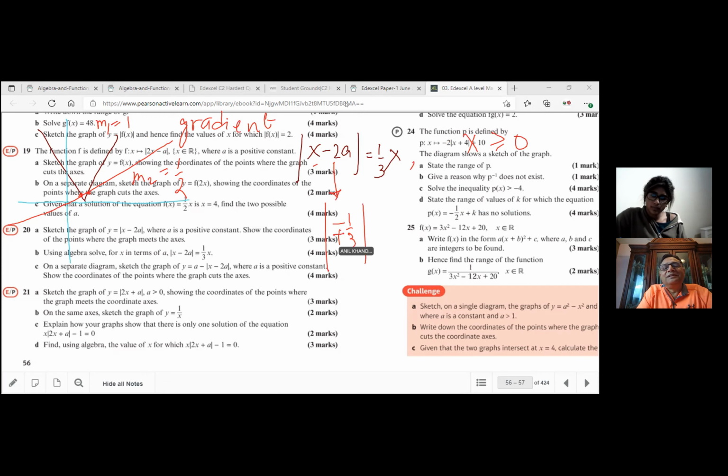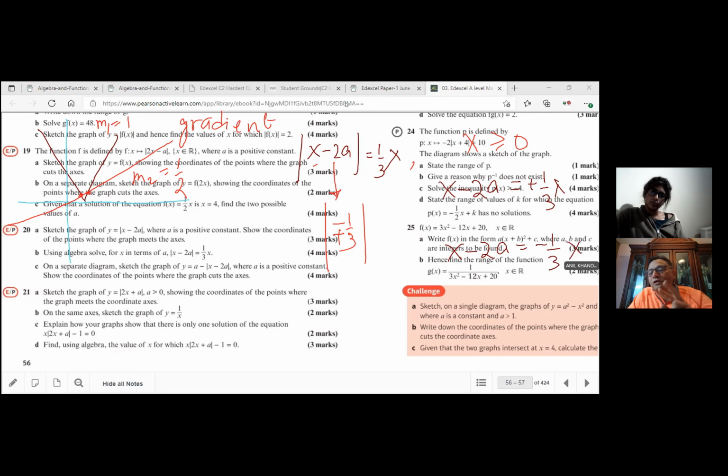The simple equation to solve in this case, with x greater than or equal to 0, is x minus 2a equals either +1/3 x or x minus 2a equals -1/3 x.